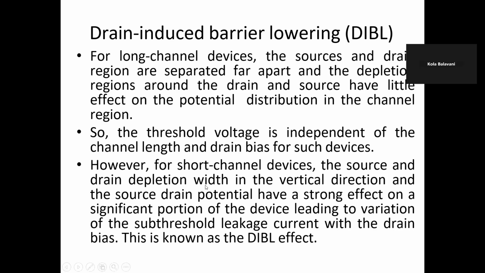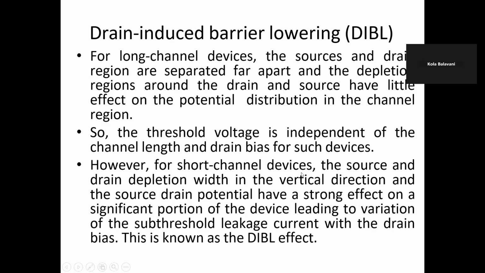So the potential effect is more in short channel devices, and this leads to variation of the subthreshold leakage current with the drain bias. If you change the voltage at the drain terminal, it changes the values at the bias. This is called drain induced barrier lowering.